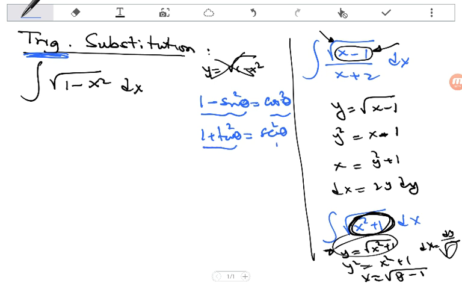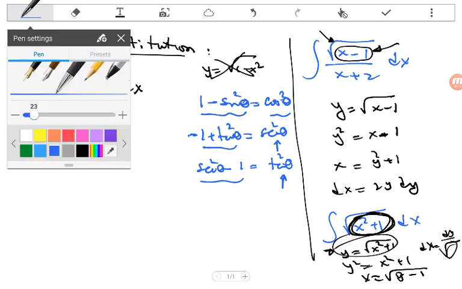These two terms are turned into one term. Also, we have sec squared minus 1 is equal to tan squared theta, which is another form of this formula. But here we have two terms that will turn into one term. Now, what is the idea here?